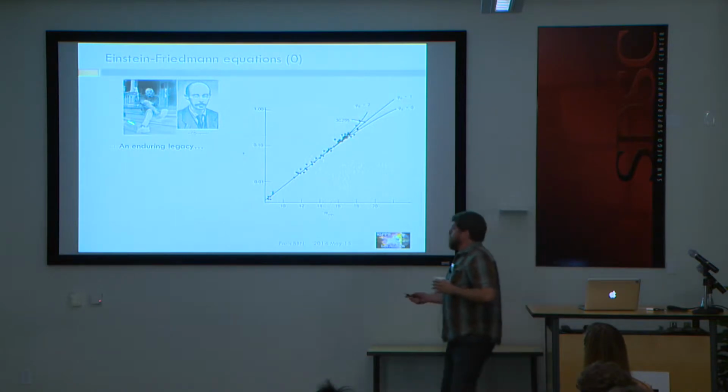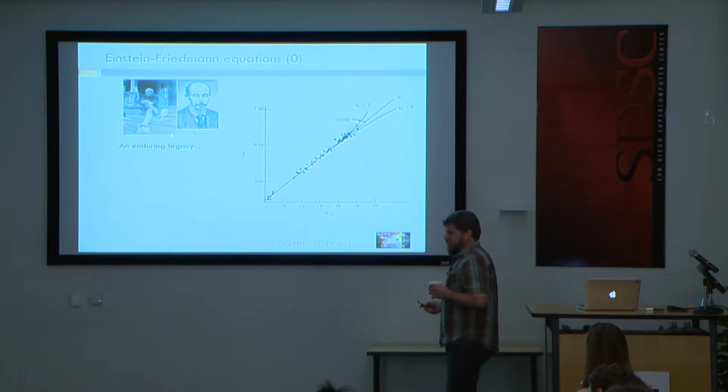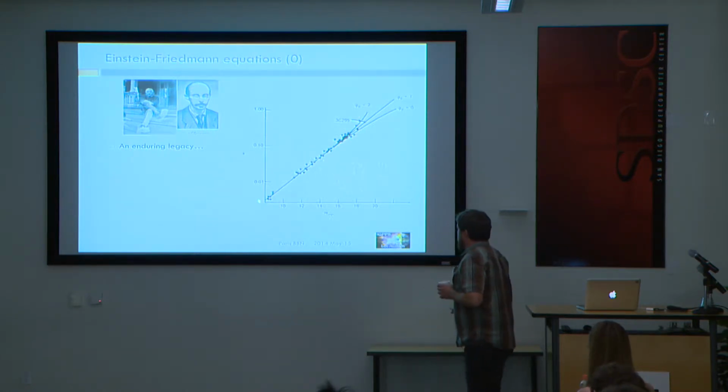So Einstein came up with the equations. He didn't like the fact that the universe was dynamic, so he put in the cosmological constant. Friedman said, no, it's fine. The universe is probably evolving. And Friedman was, of course, correct.